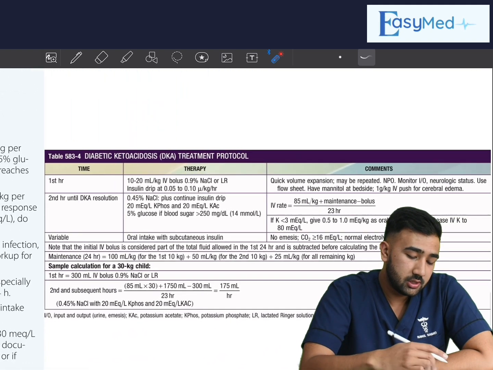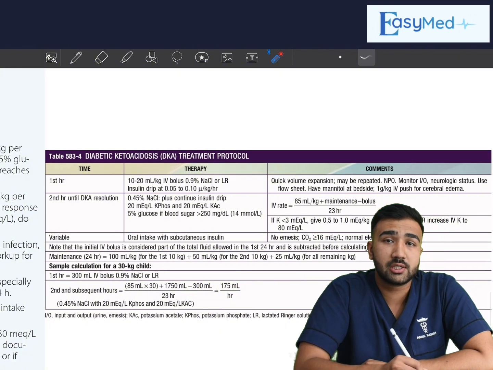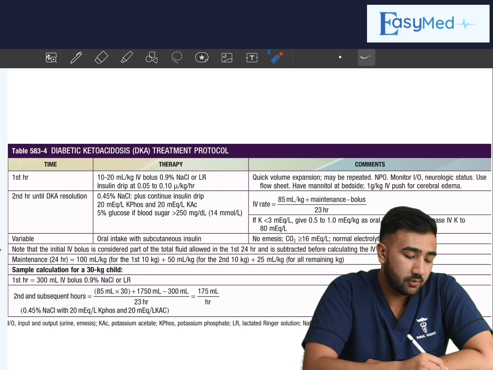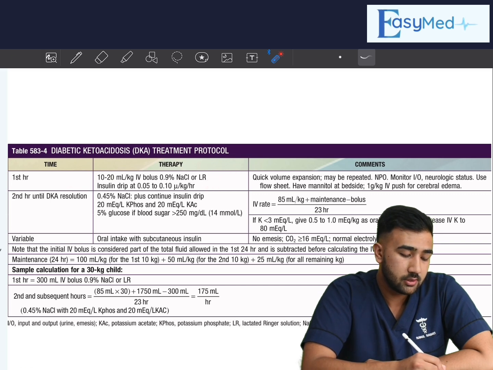And this is the most important formula which is usually asked in the pediatric viva as well. So first hour we have to give 10 to 20 ml per kg IV bolus of NaCl or ringer lactate.